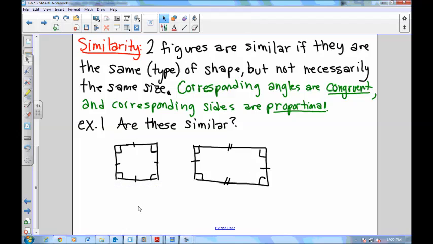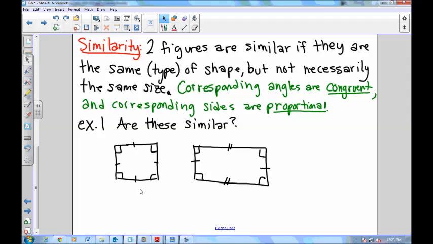Oh, it's already grouped, okay. Thumbs up, they're similar, thumbs down, they're not. Similarity would mean that they're the same type of shape, but not necessarily the same size. Corresponding angles have to be congruent, and corresponding sides are proportional.